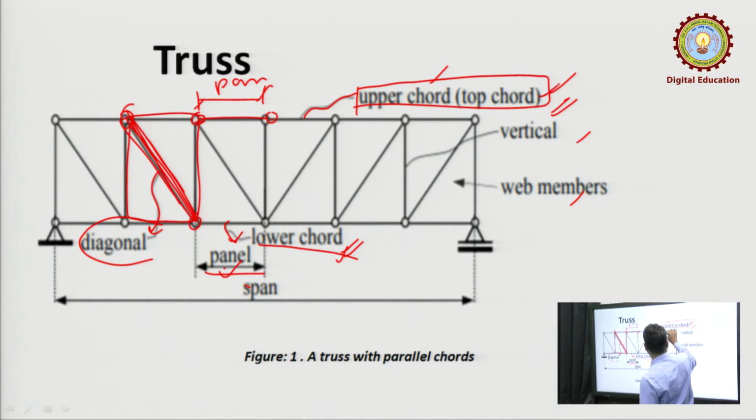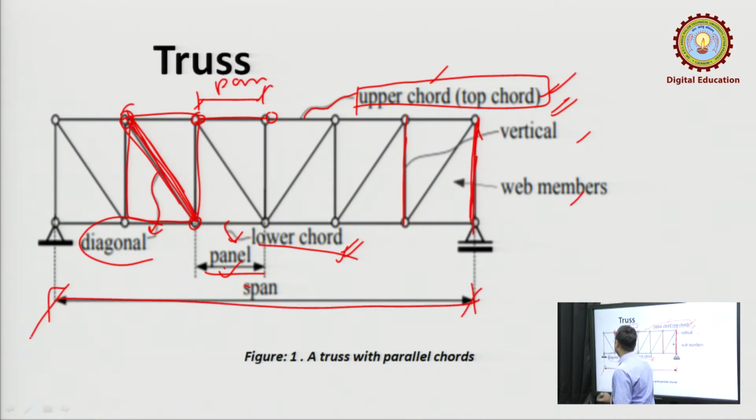This is your vertical member, and this is also called a web member. The total length of the truss is the span.